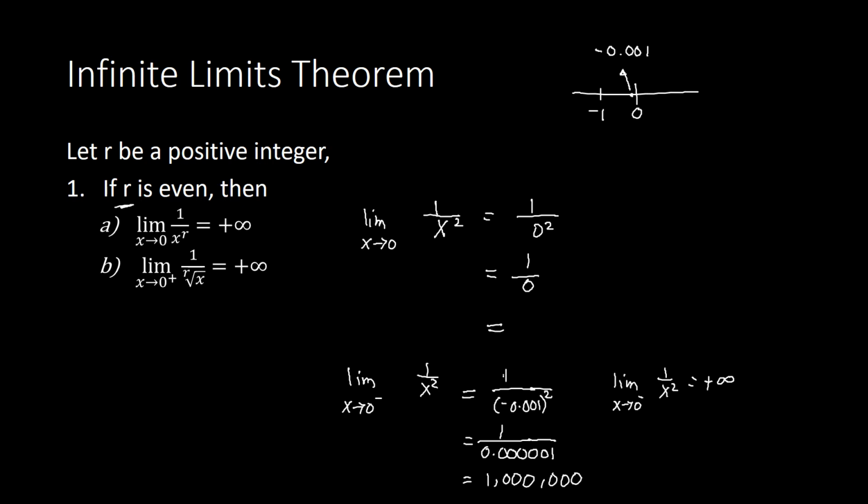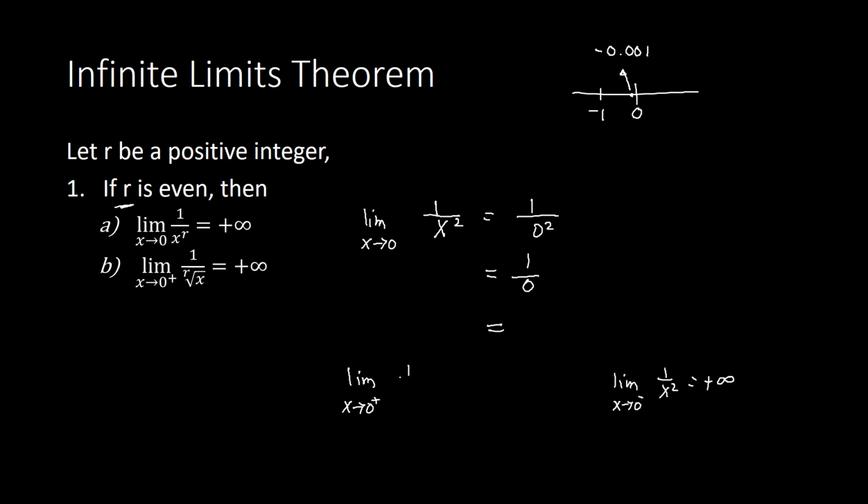Let me just erase this. Let's try what we did a while ago, but this time we are going to get numbers from the right side of our 0. Because again, we've got the left side, which is a positive infinity, so we'll check whether the right side is still a positive infinity.